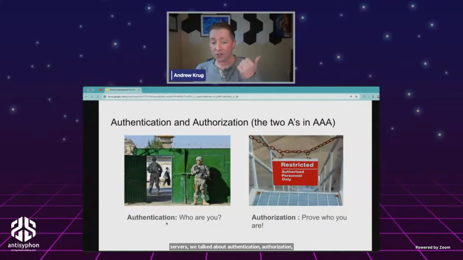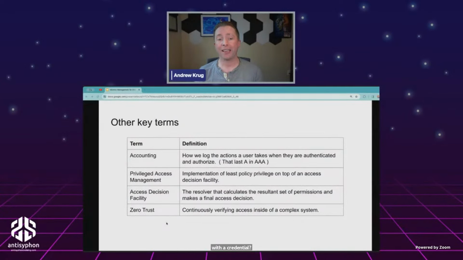So authentication is who you are, authorization is prove who you are, and then to some degree, what can you do with a credential? And then beyond that, on the accounting side, we log the actions that a user takes when they're authenticated and authorized. That's that last A. And AAA, and that's a super important one, increasingly important, as we move to the cloud, because oftentimes those accountings are the only way that we can tell the story of what happened in the event that there's actually an incident.